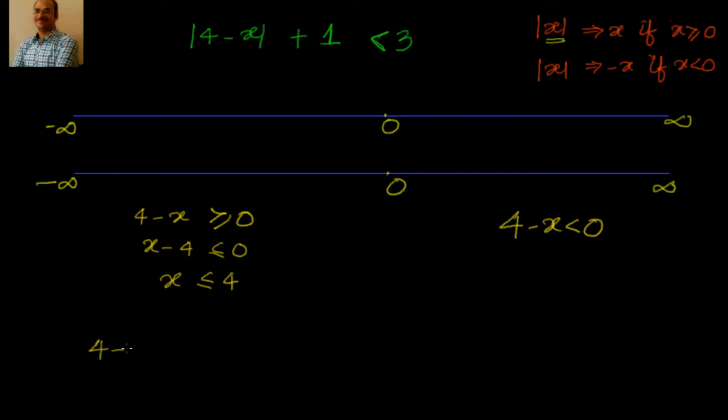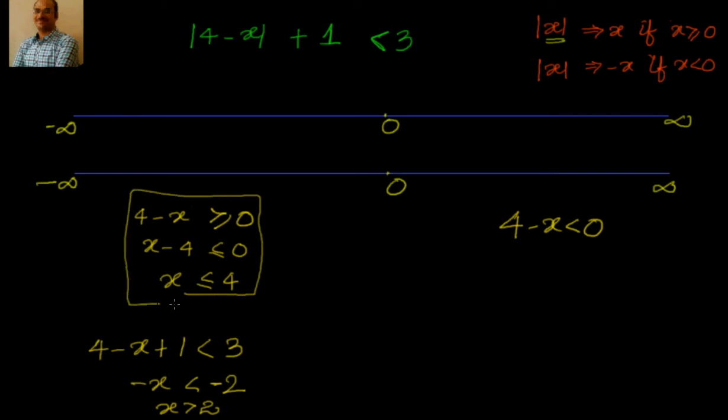So I will have 4 minus x plus 1 less than 3, or I can say minus x less than minus 5 plus 3, that is, minus x less than minus 2, or x greater than 2. X should be greater than 2, and also x should be less than or equal to 4. This is the condition we have, because we are only considering these values.